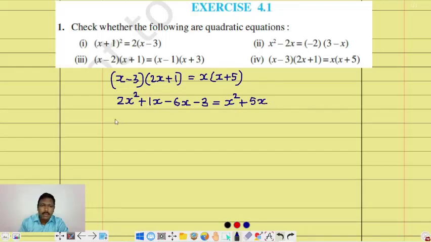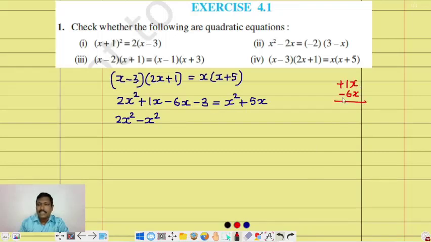Okay, now we can rearrange this one. 2x squared right here, and that x squared you can bring this side, so you will get minus x squared. Now plus 1x minus 6x, you can add this.